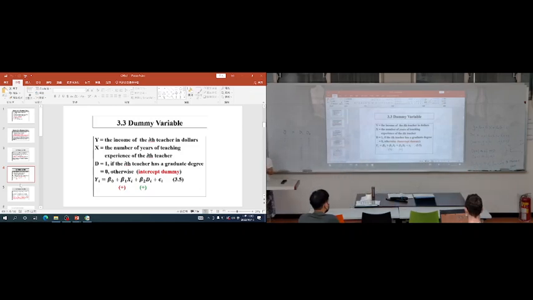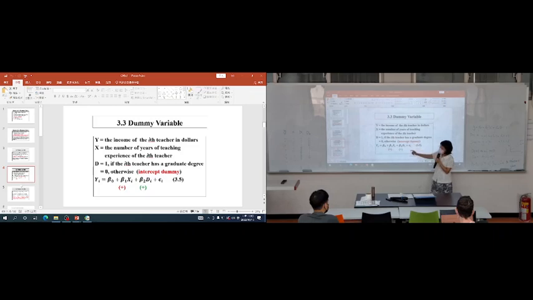Okay? So there's a term called intercept dummy. Why do we call this variable an intercept dummy? Because it just affects the intercept value. Intercept is the constant, right? This is called intercept, or we call it constant. That's why officially this is called intercept dummy.